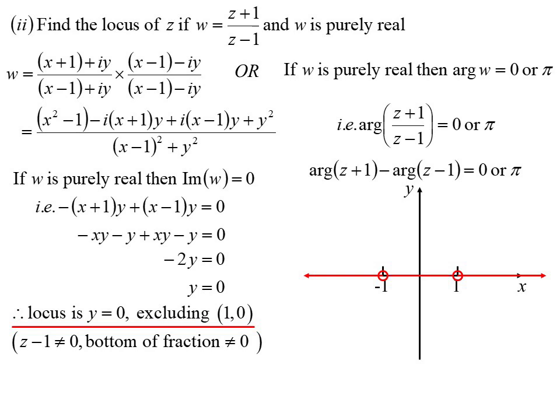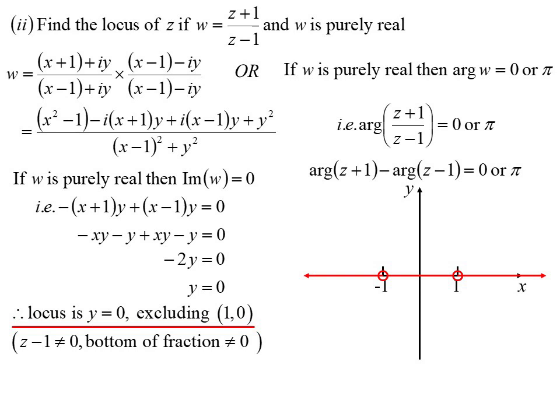If I was to put it in the middle, so our next picture here, that would now get in between. Because if I was to put it, say, here in the middle, the vector from -1 is going that way, and the vector from +1 is going that way. So they're going in opposite directions. So that would be the one where their difference is pi.